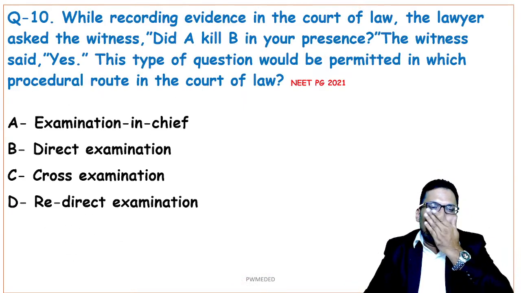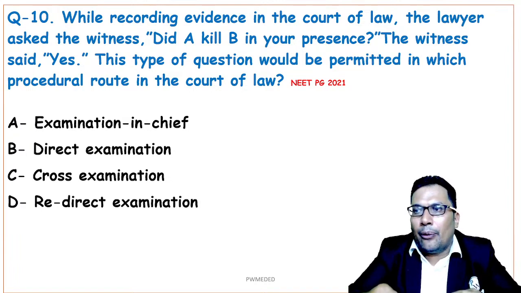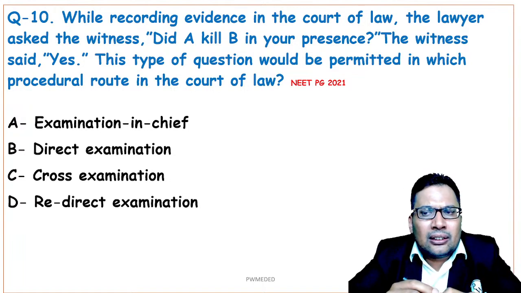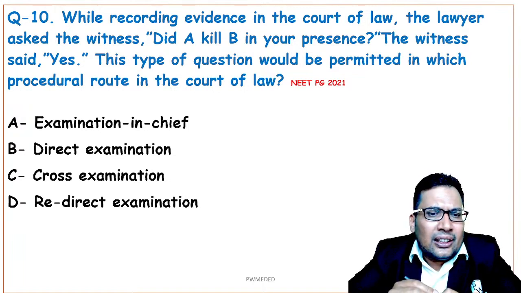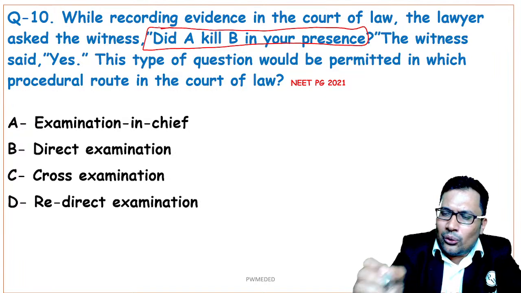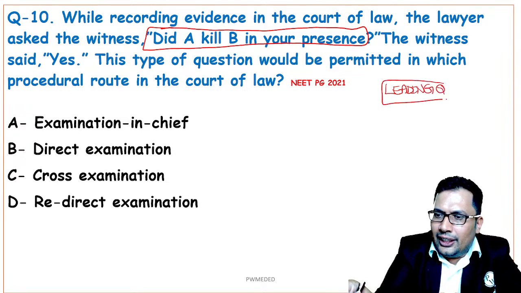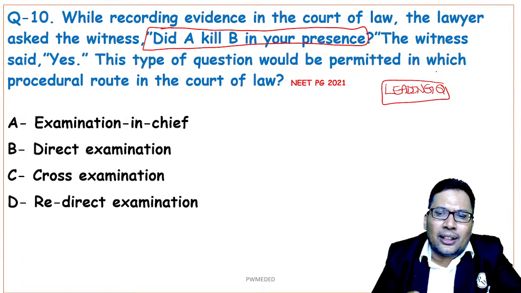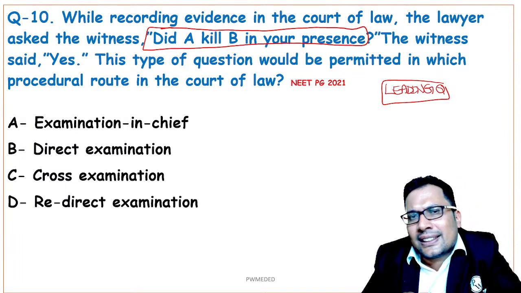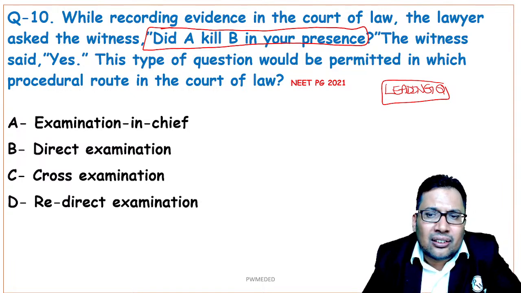Next, question number 10. While recording evidence in the court of law, the lawyer asks the witness, did A kill B in your presence? The question asked is a leading question. Remember, a leading question is a yes or no type of question, or any question which has the answer in it.